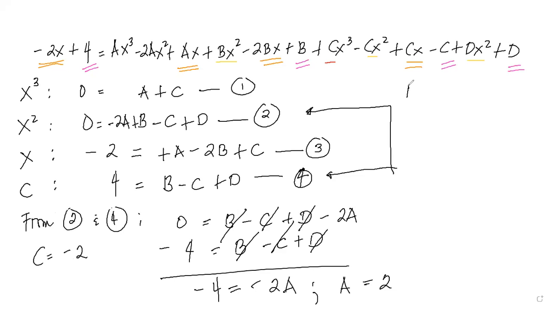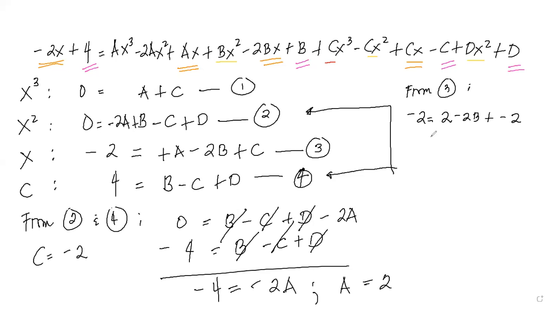So from 3, negative 2 is equal to my A being 2 minus 2B plus the C, which is negative 2.